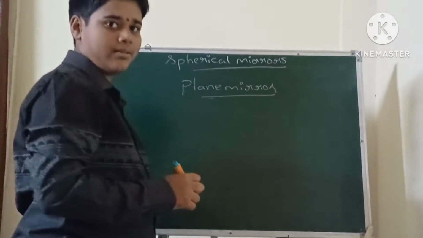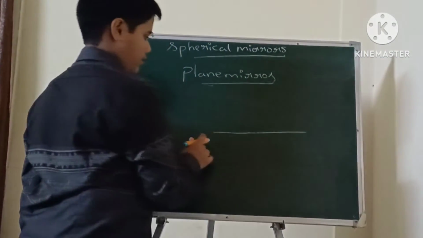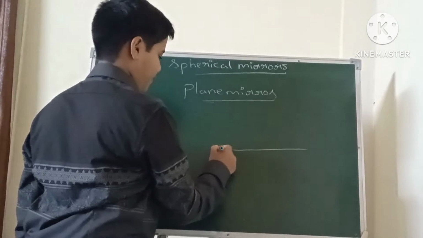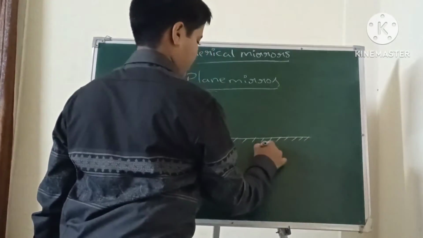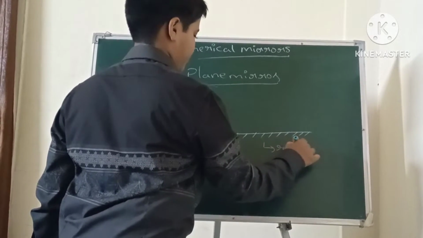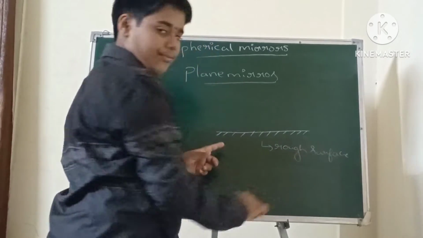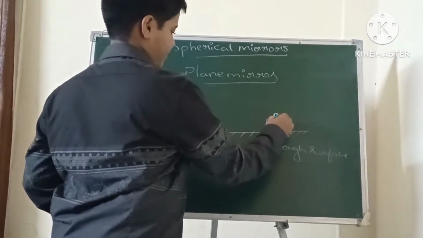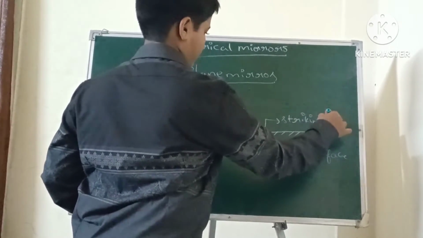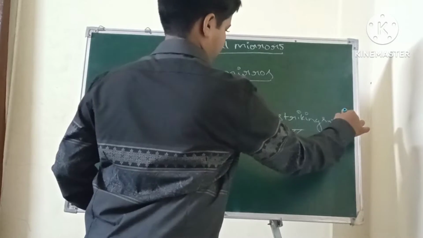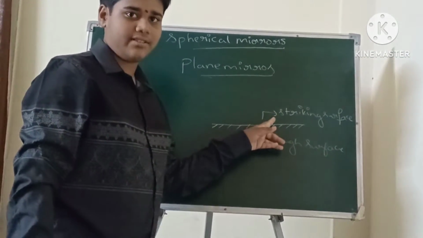Here, what is a plane mirror? A plane mirror means this is a plane, and it has a rough surface. This is the rough surface and this is the striking surface.